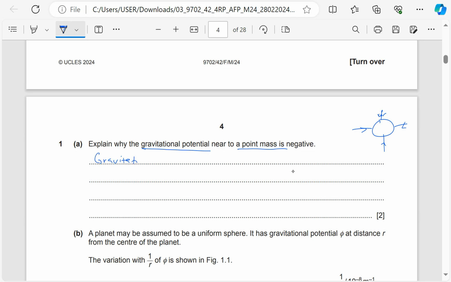gravitational potential at infinity is 0, and the gravitational force is always attractive.